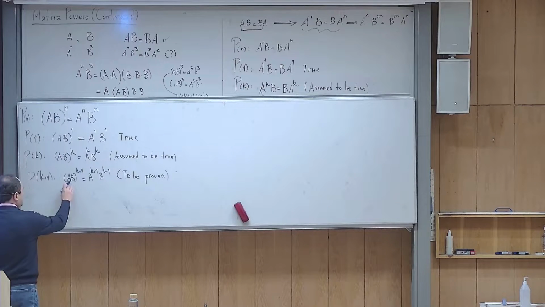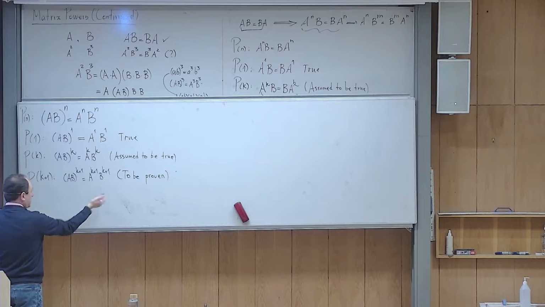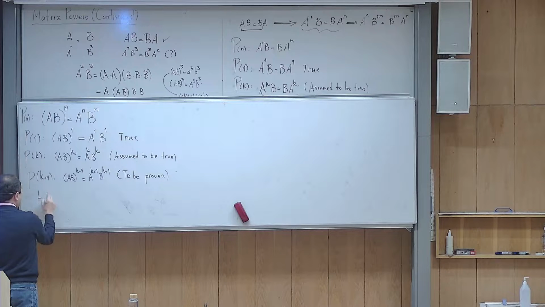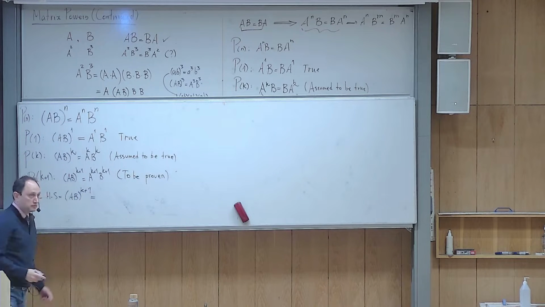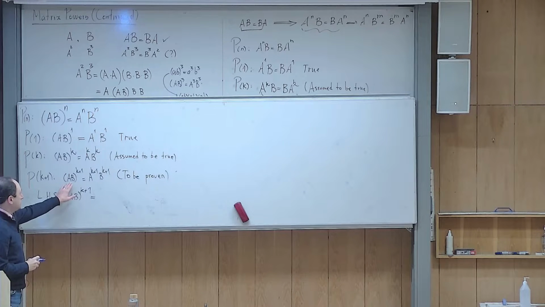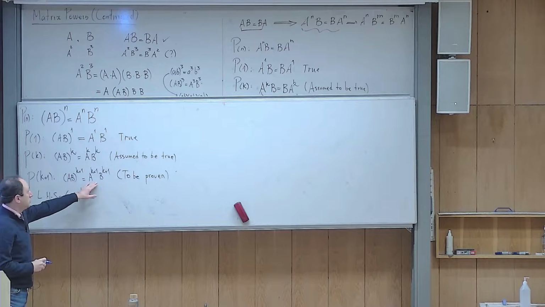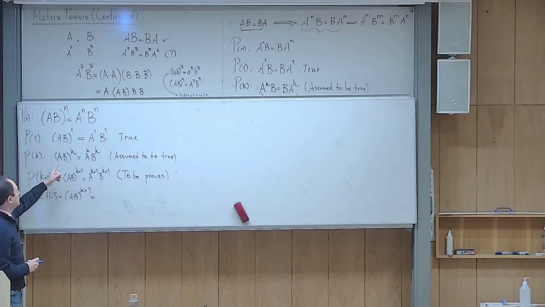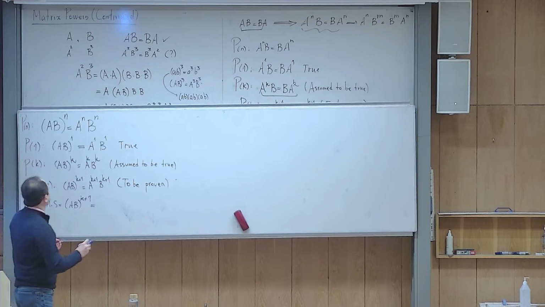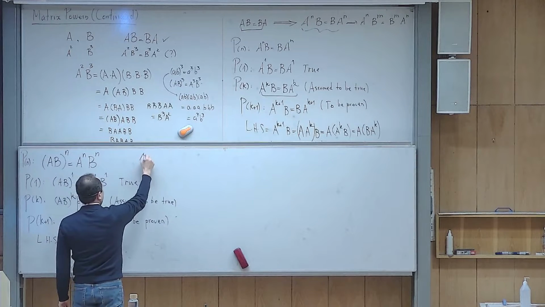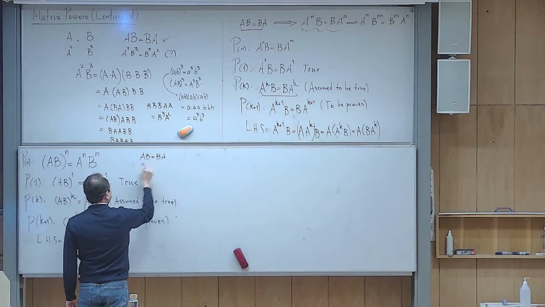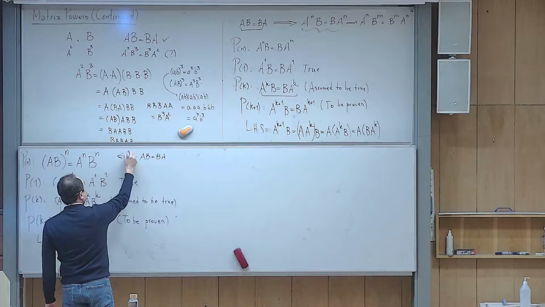As usual, when you want to prove an identity, one standard way is, if possible, to start from the left-hand side and try to simplify it to reach the other side. Can you help me to do this? Your goal is to start from here and go to this side. Of course, you can use this. By the way, I forgot to write that, because it is in the slides: A and B are commuting. If A and B are not commuting, I cannot conclude this.